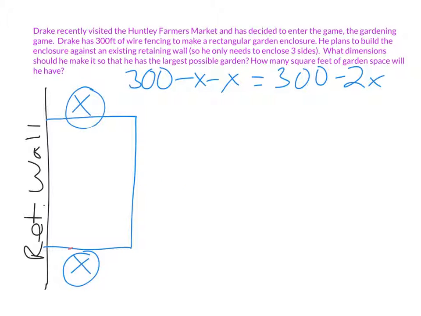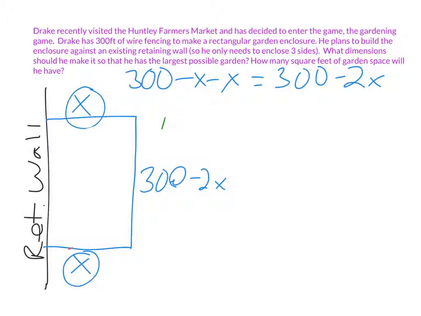Okay. So essentially, I can write my dimensions in terms of x. So this becomes 300 minus 2x. So those are my dimensions: x by 300 minus 2x. Okay, cool. So what do I do with that? Well, how do I find the area of something? What's my function for finding the area of any rectangle?